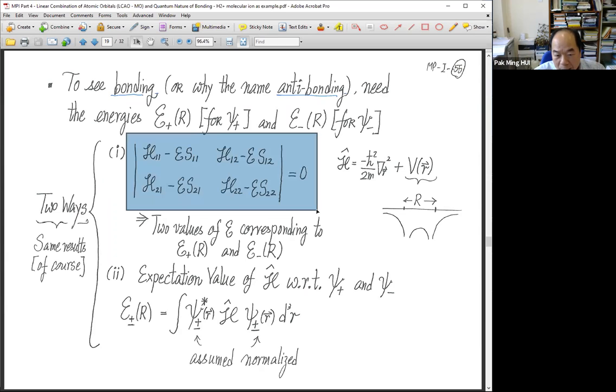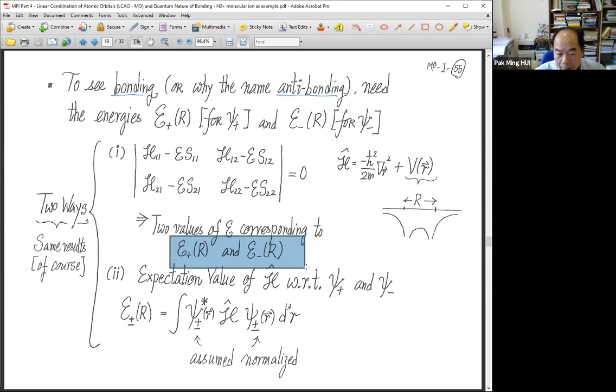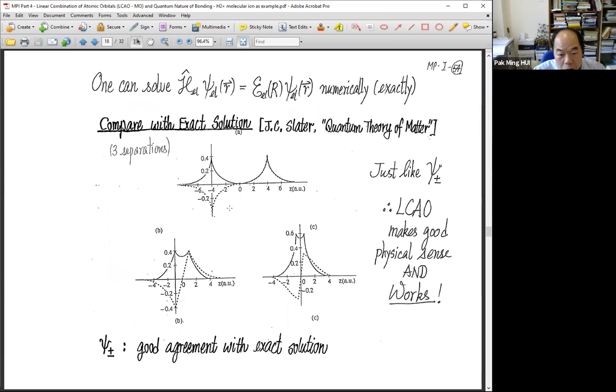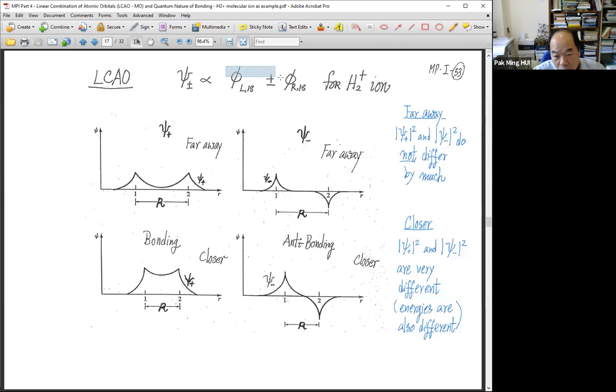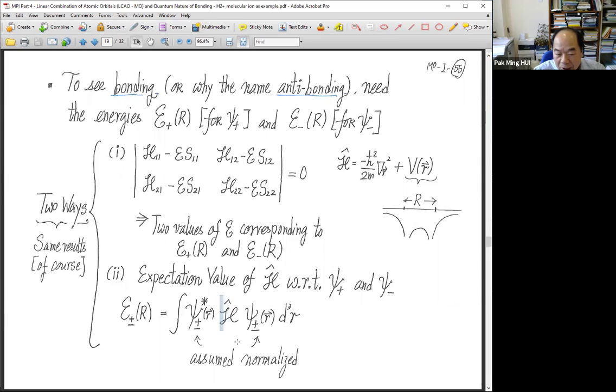We set up the 2 by 2. Then we solve the 2 eigenvalues, okay? Or else, equivalently, we can use the 2 linear combinations, the +1, and find the expectation value of the Hamiltonian of H2 plus. Either way, they mean the same thing, mathematically.